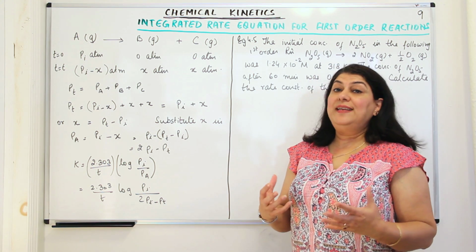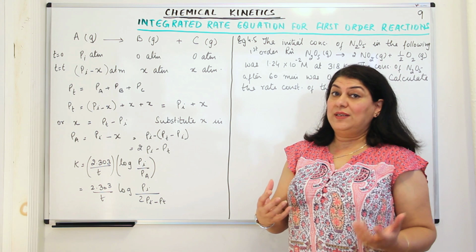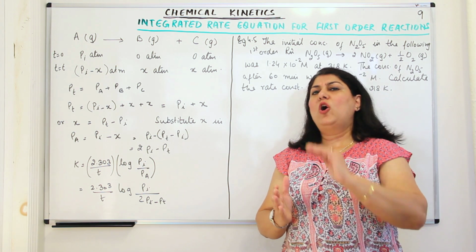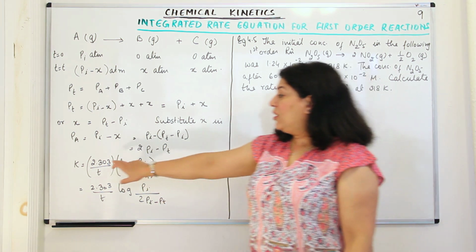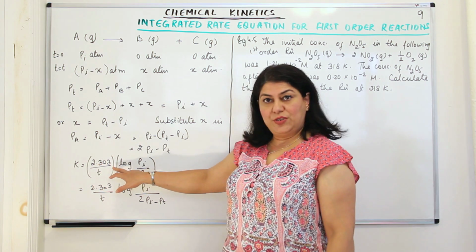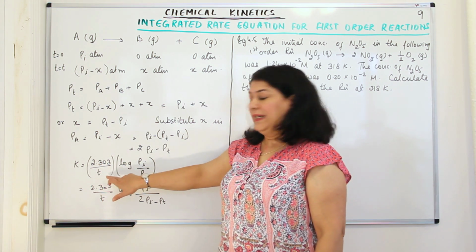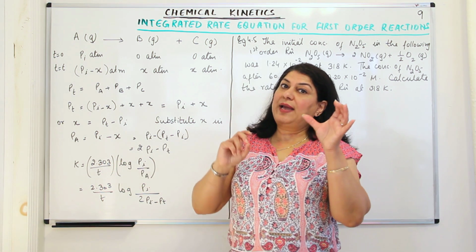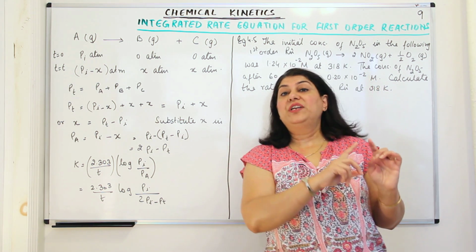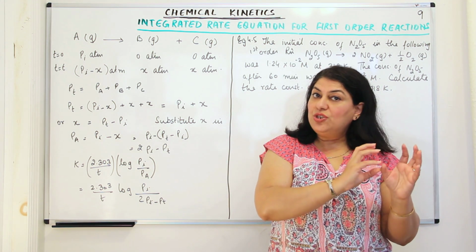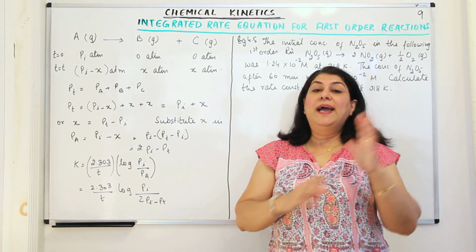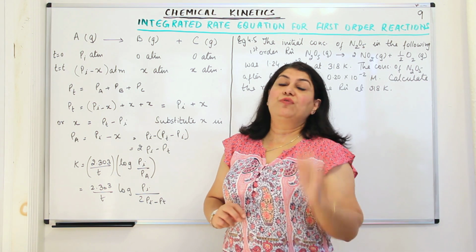In that, we studied that if you have to calculate the rate constant in terms of log to the base 10, the rate constant is equal to 2.303 upon T2 minus T1, where you are calculating the concentrations of the reactant at time T2, the concentration would be R2, and at time T1, the concentration would be R1.